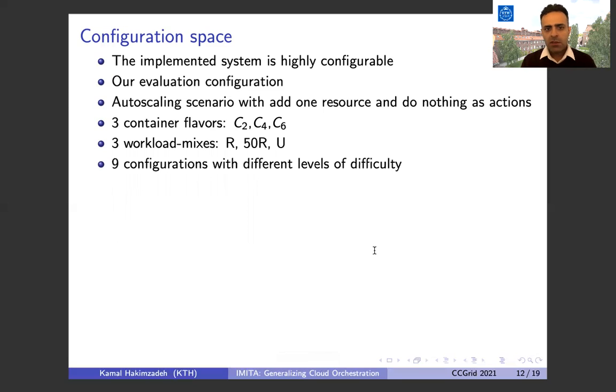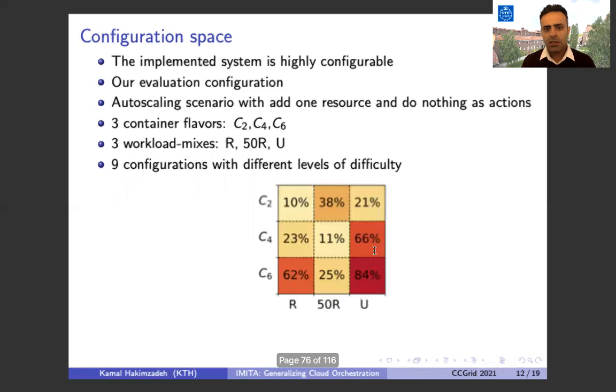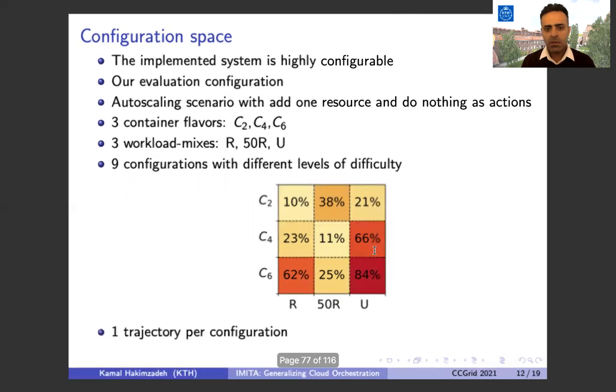This gives us 9 sub-configurations with different levels of difficulty. We measure the difficulty based on the difficulty metric explained in the paper. Each configuration, or each cell, gives us 1 trajectory, with 20 sub-trajectories inside it, one per scale.